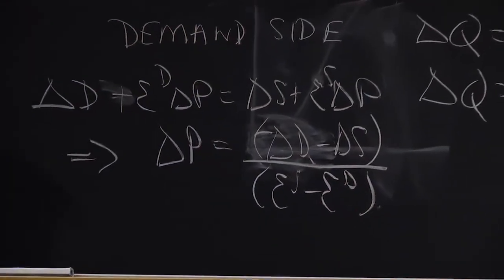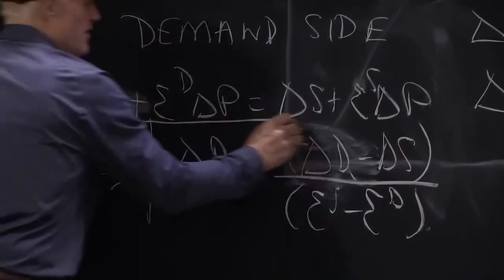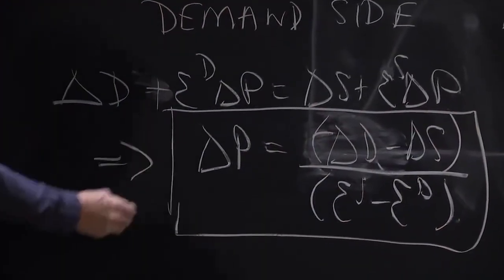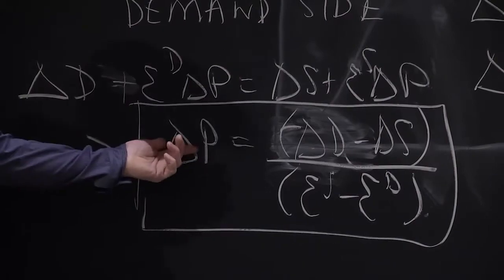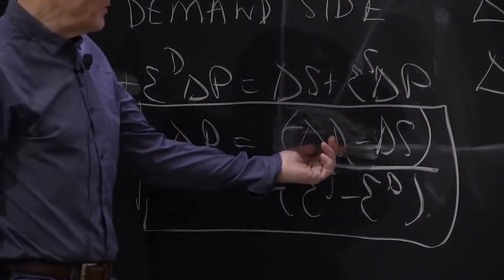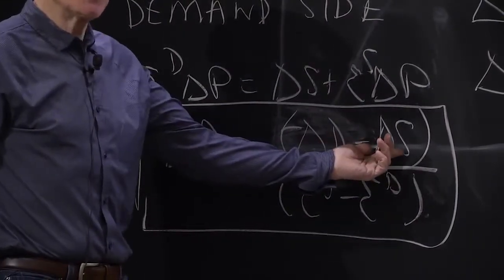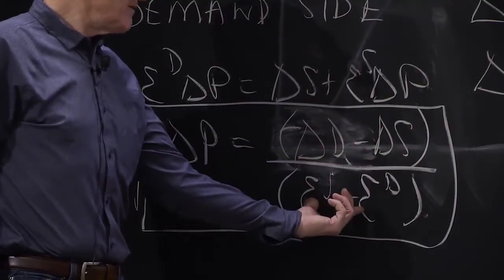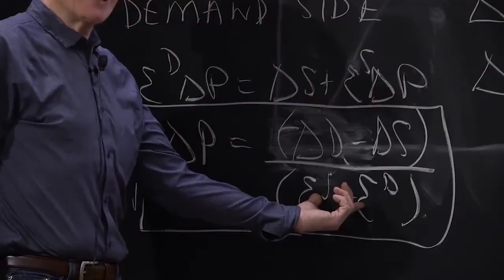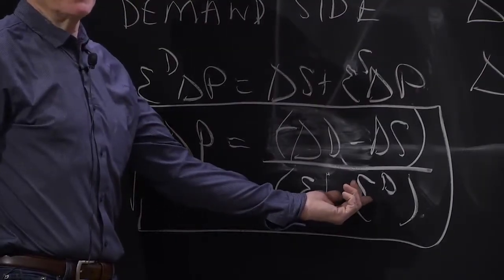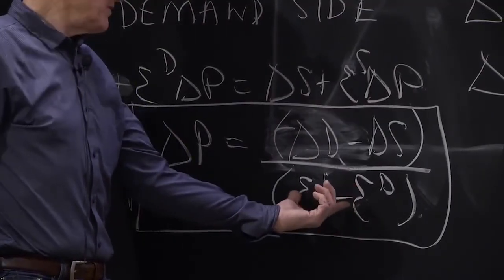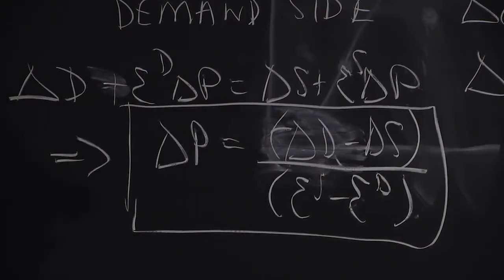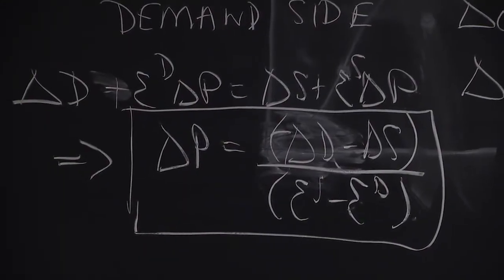So that's our standard formula in economics that tells us the change in price depends on the increase in demand minus the increase in supply. So it's the growth in excess demand divided by basically the sum of the two elasticities, because epsilon D is negative.